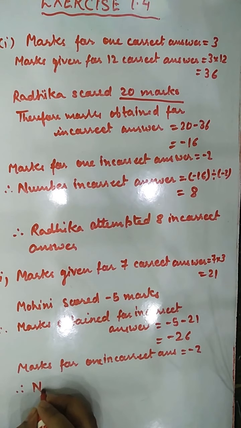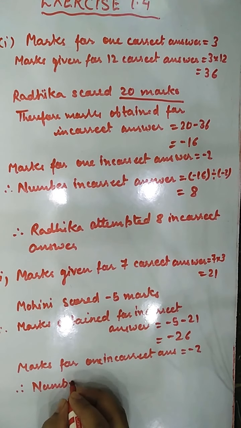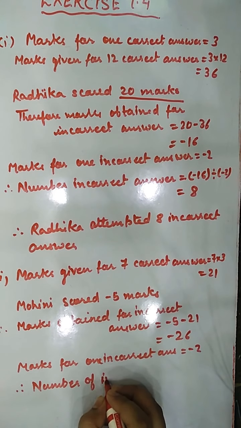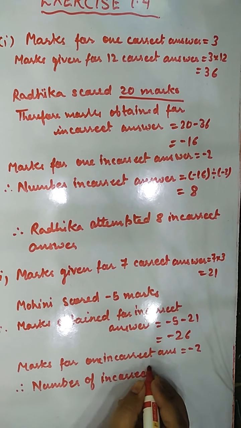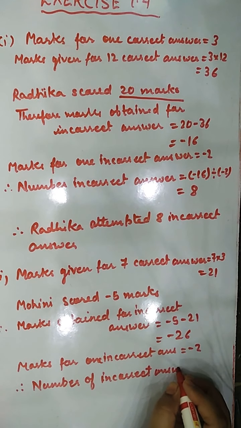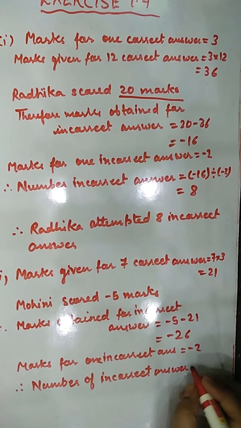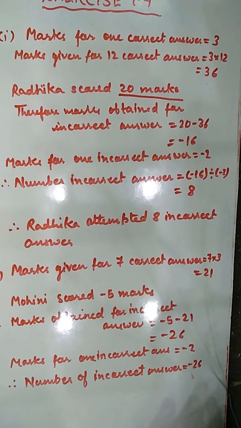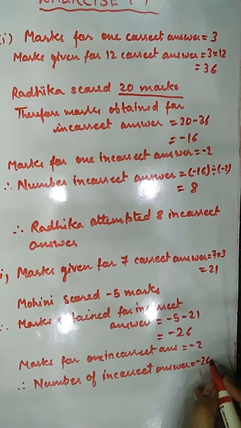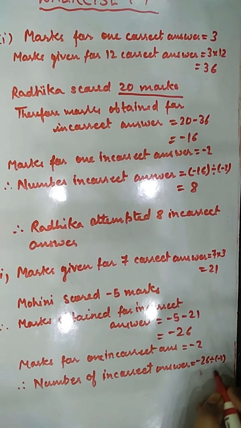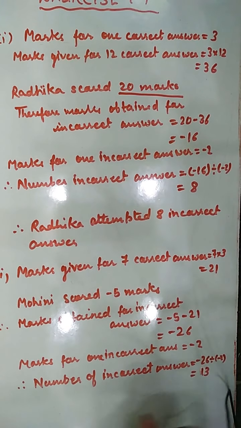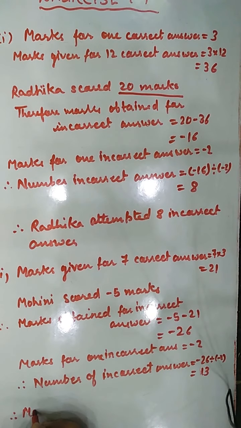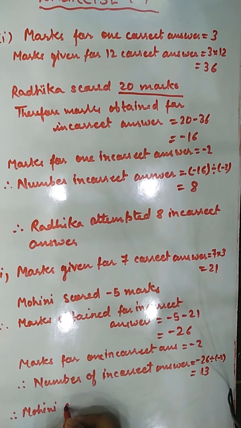Therefore, number of incorrect answer will be minus 26 divided by minus 2. This will be 13. Therefore, Mohini attempted 13 incorrect answer.